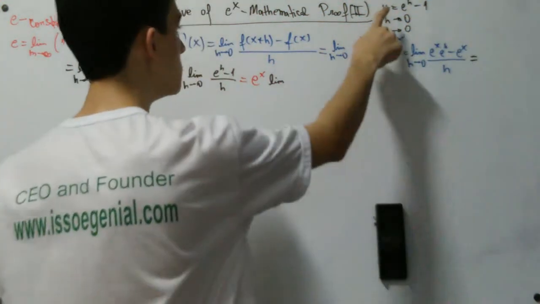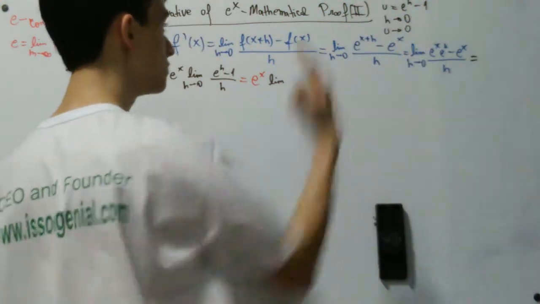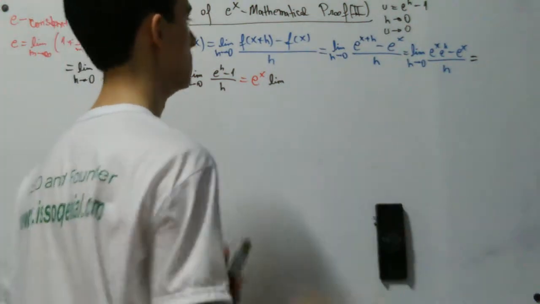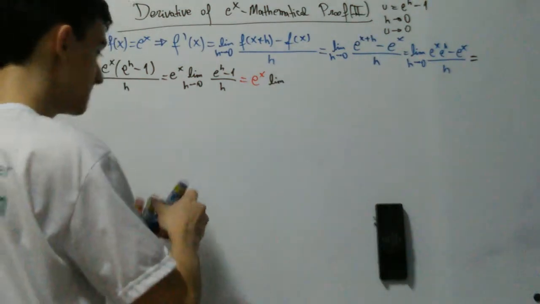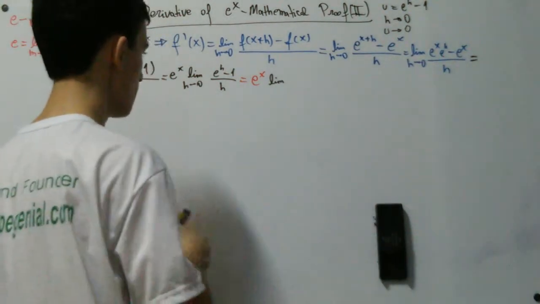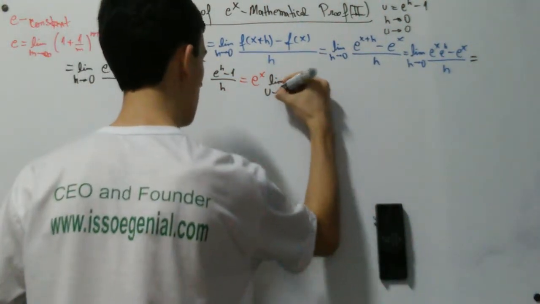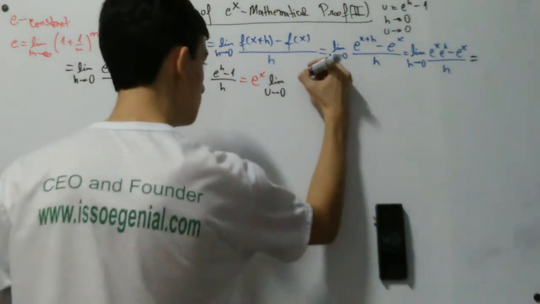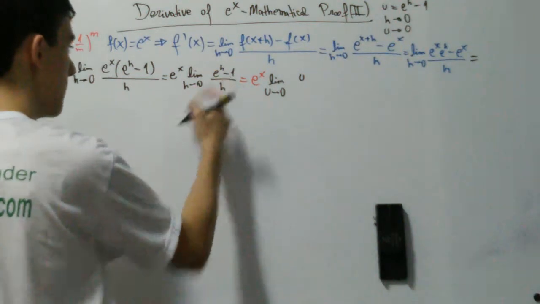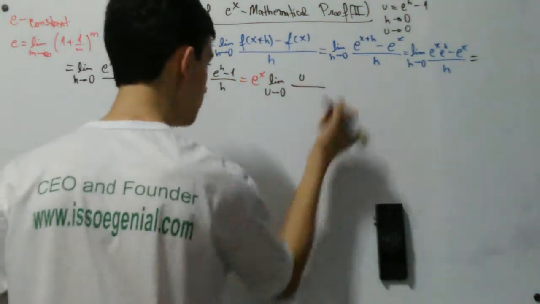Because imagine, e raised to 0 is 1. 1 minus 1 is 0. So when h approaches 0, u also approaches 0. So this is the limit when u approaches 0 of u, because e raised to h minus 1 is u, divided by h.